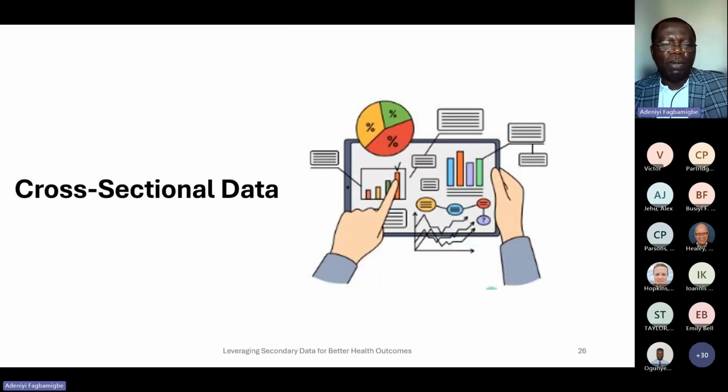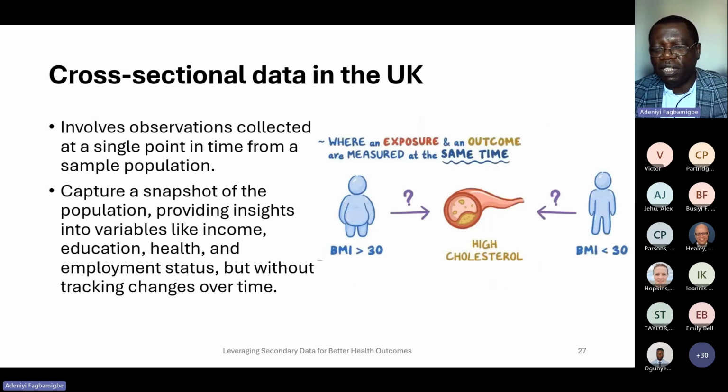So quickly, let us talk about cross-sectional data, a very important and very useful source of data. What is cross-sectional data? This is a type of data we call a snapshot. A snapshot means that you take your camera and you take the picture and off you go. That is what cross-sectional is, you don't look back. You just ask your respondents the questions and they give you their responses. You are not doing follow-up, you are not assessing anything.